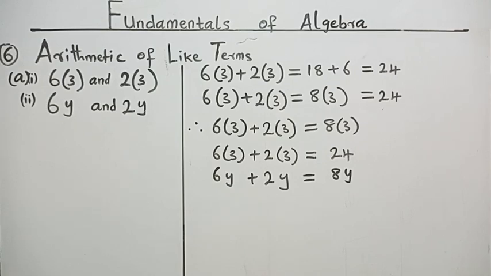Now, let us try to summarize by looking at this last result with a view to developing or extracting a formula or a law for adding like terms. 6y and 2y are like terms. When added, the result is 8y. To get the formula, we ask ourselves, how was this 8 obtained?